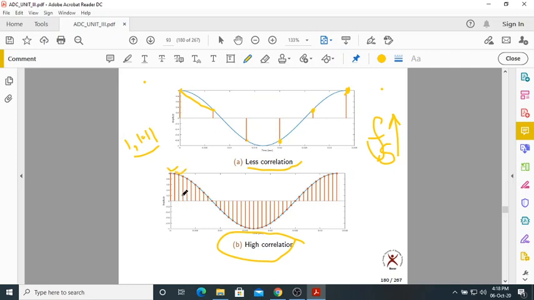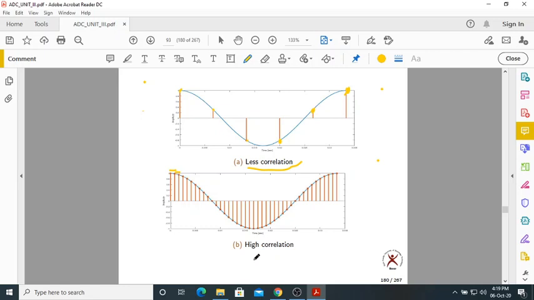Instead of quantizing all the samples, I will take the difference between the first two samples, and quantize and encode only that difference, not the sampled values. Next, I will quantize the difference between the next two neighboring samples, and so on.